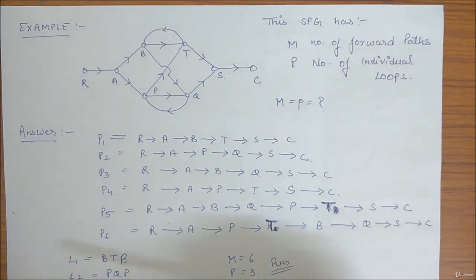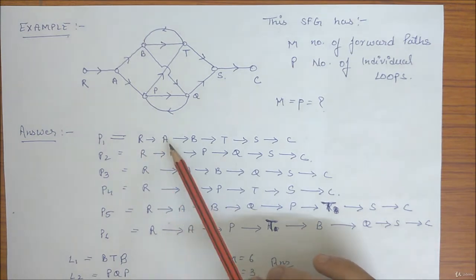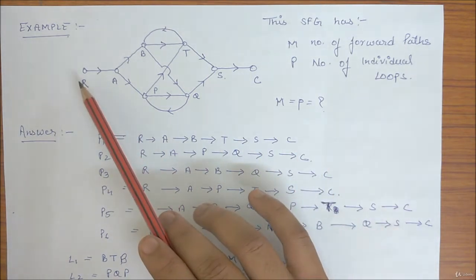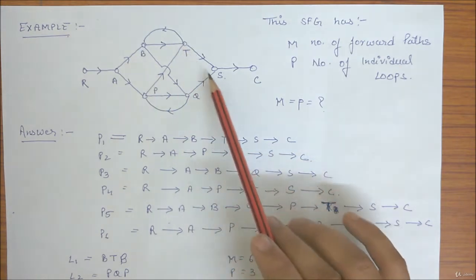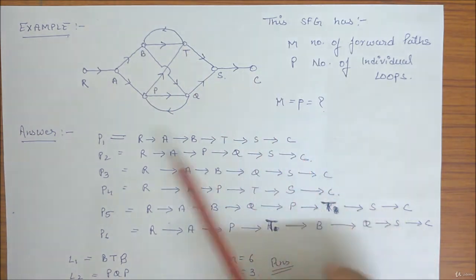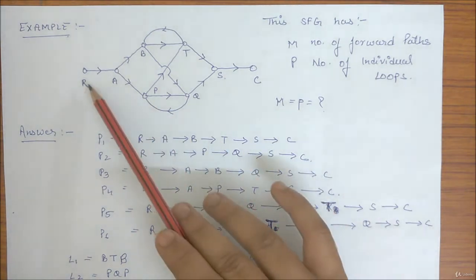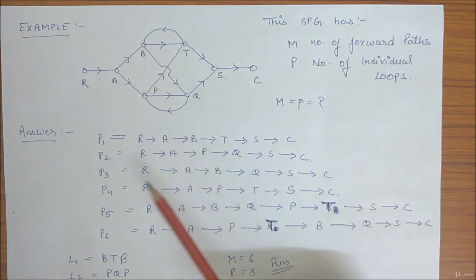and later on I showed the loops, individual loops. So when you see P1, it goes from R A B T S C. This is my one path. Second path, R A P Q S C. It's my second path.